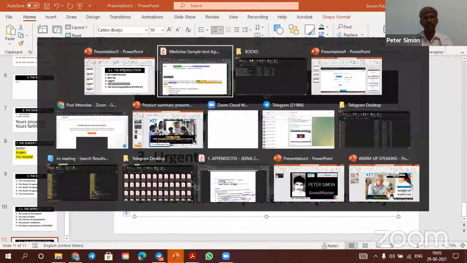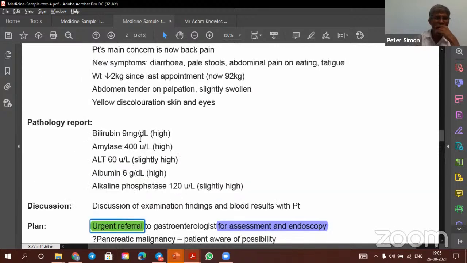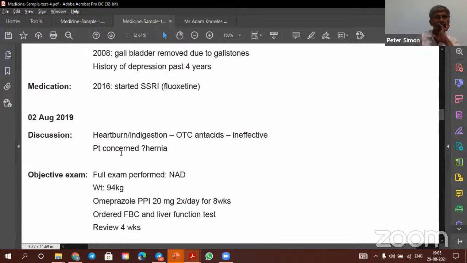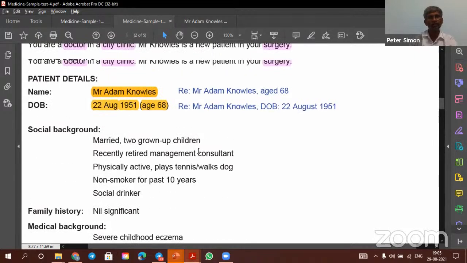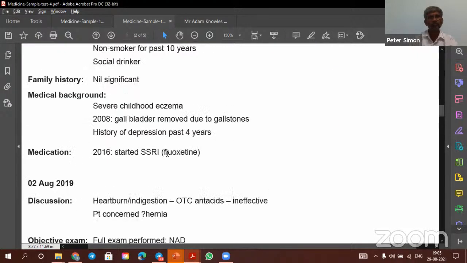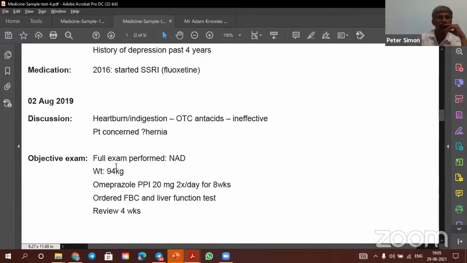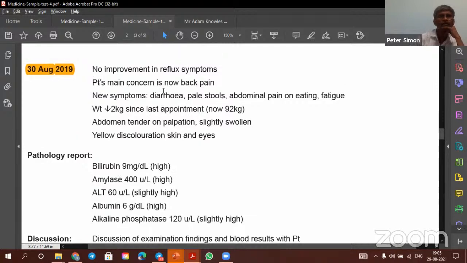Then the next one, the present conditions. What are the present conditions? This is 2nd August. See where the present condition is. Ordered FBC, 30th August. No improvement in reflux symptoms. Patient's main concern is now back pain.